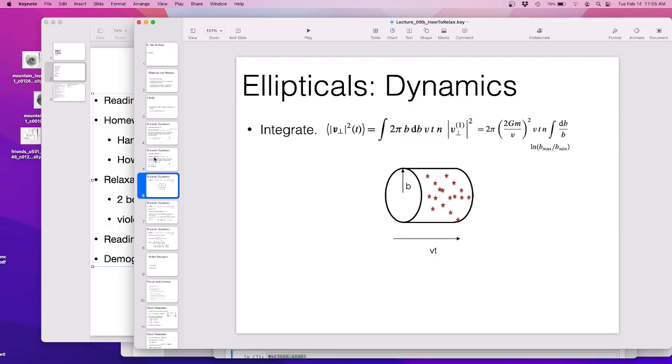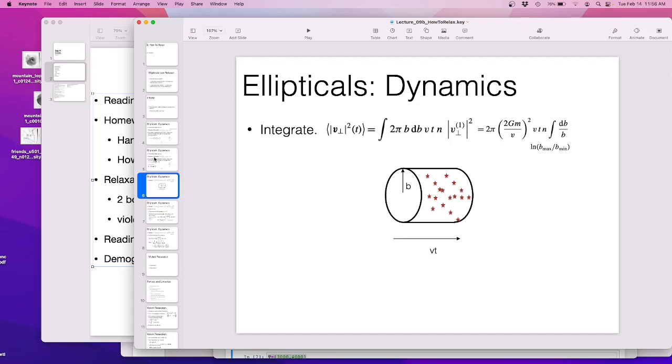Let's do it on this board. We've got all these stars, and my test star going this direction, and we want to average v perp squared over this cylinder.